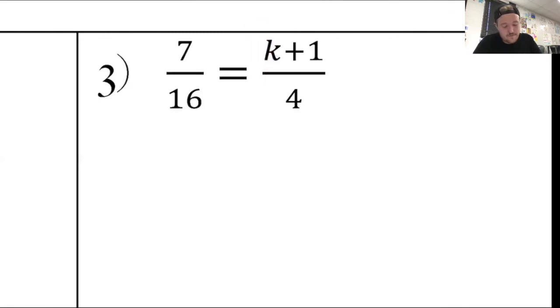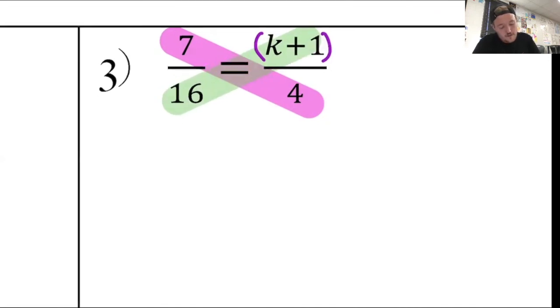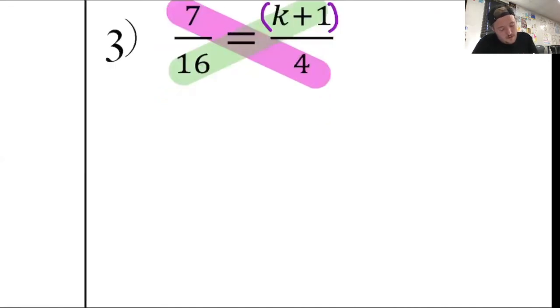All right, cross product. So 16 parentheses k plus 1 equals 7 times 4.